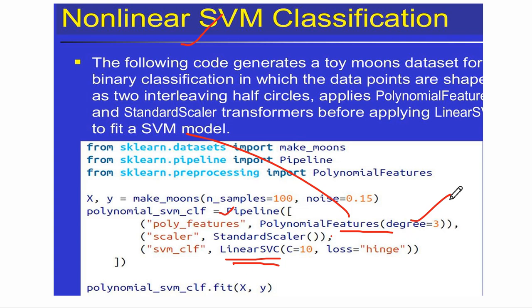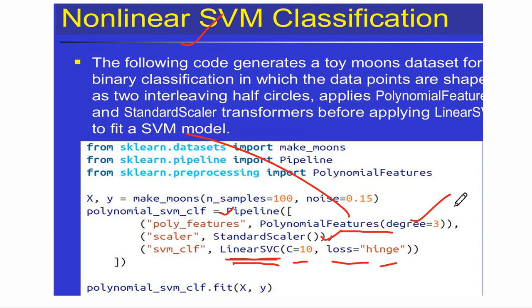Later we will see how it works. The polynomial kernel with degree equal to 3, and a StandardScaler to standardize the data. Then we use the LinearSVC with some regularization parameter value and a loss function. Here I am using the hinge loss.